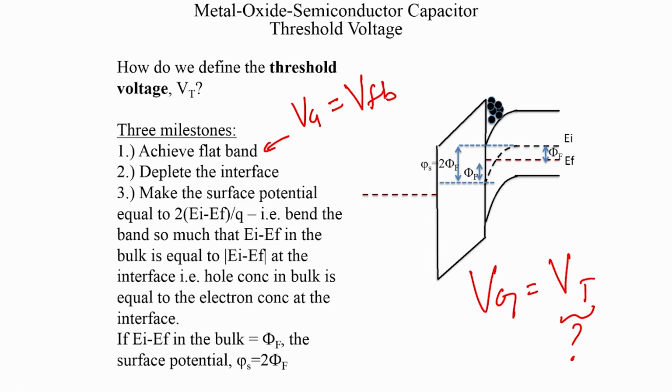Okay. After that, we keep increasing Vg, and you start depleting the interface. You have EF, initially that was EI, it is all flat band. Let me just draw this clearly. That was EI, it is flat band, and now you start depleting the interface, the EI starts bending a little, and you start having depletion, and then you keep bending a bit more, you still have depletion.